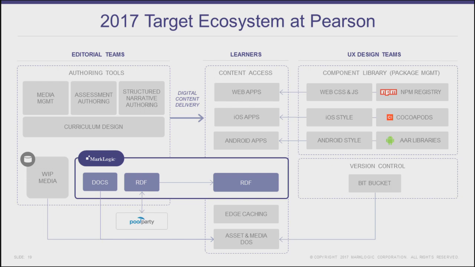Yes? I think it's a follow-up on that. So are these guys using PoolParty? Yeah, so the question was, are they using it to enrich the data sources or the content with metadata, which is semantic triples and so forth? Are they using PoolParty to do that part manually?